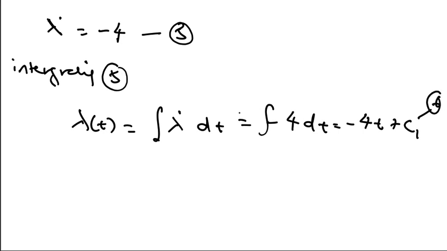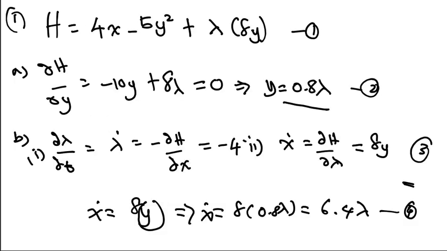Now what we need to do next is, once we find 6, we can substitute it back into x dot equivalent to 8y. So recall back, x dot equivalent to 8y is this, in equation 4.